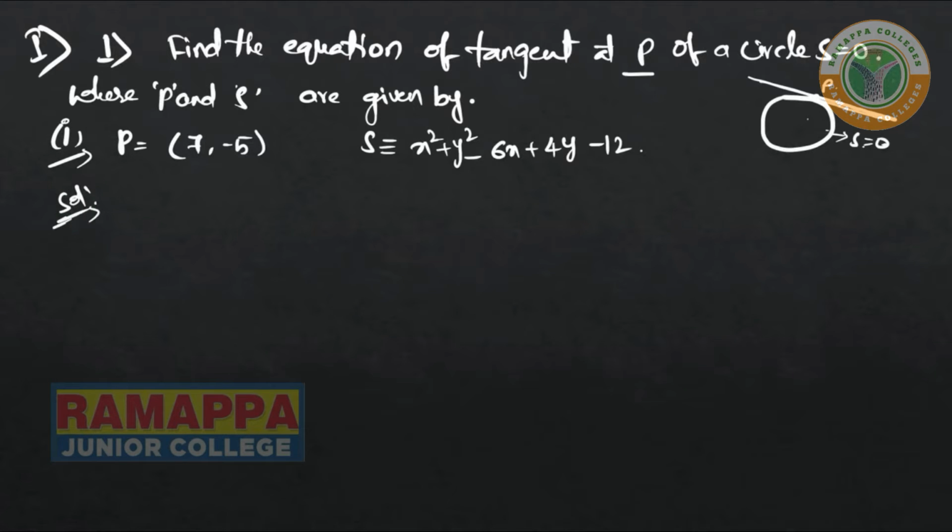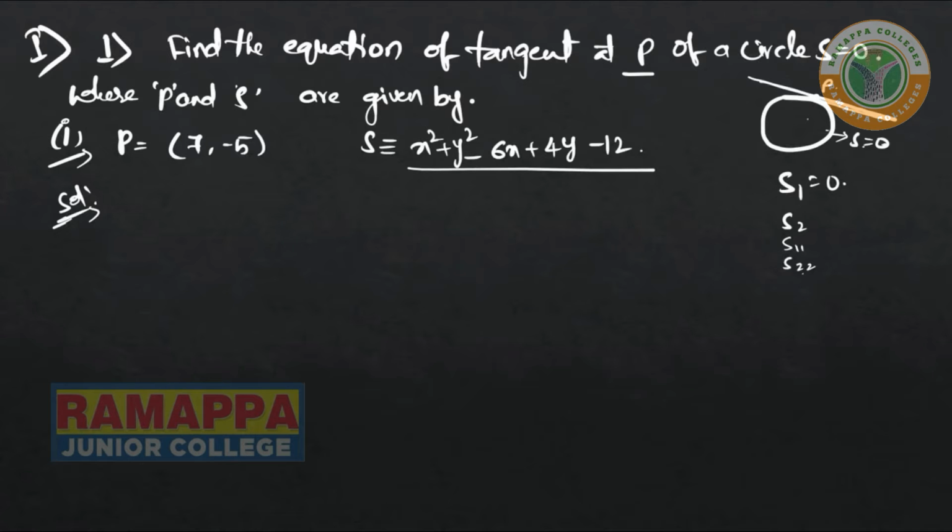One formula is there: the equation of the tangent at P(x1, y1) is S1 equal to 0. We already discussed S1, S11, S22 in the previous video.